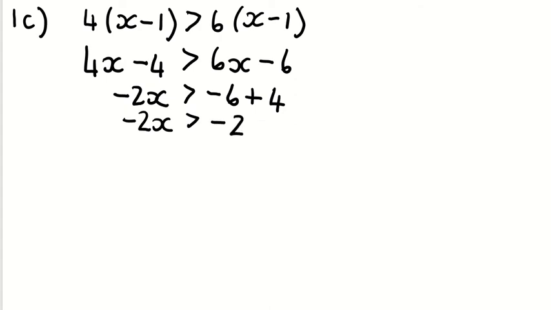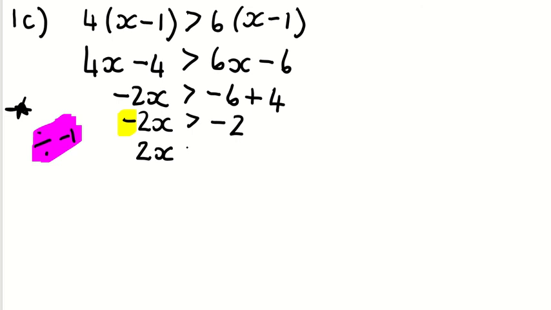Okay, now to get rid of the negative, I have to divide by minus 1. Okay, so what's the rule? When I divide or multiply with minus 1, then the sign changes. Remember that rule. Make a note. So I divide by minus 1, then I get 2x.